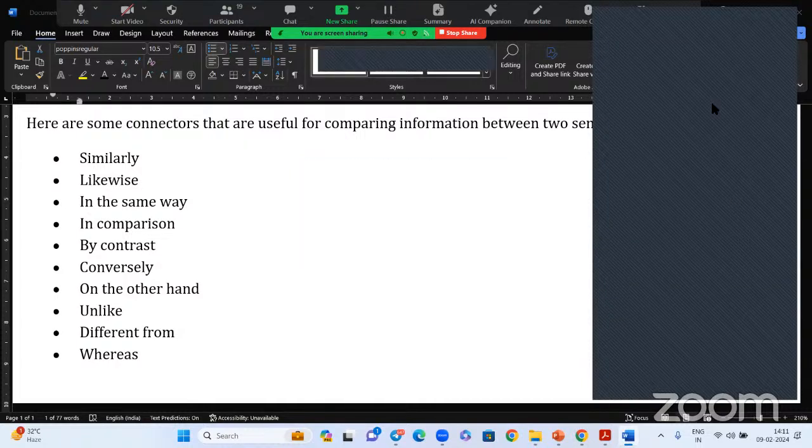Can you make a sentence using the word similarly? Okay, I'll give you one sentence. You write your own sentence.